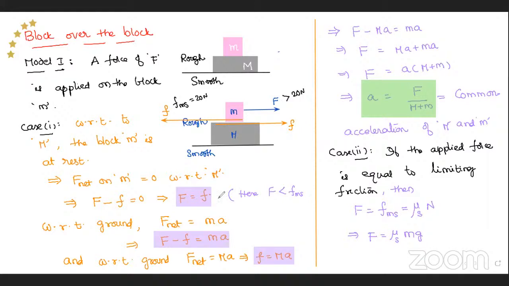If applied force is less than FMS, applied force is the frictional force. All of you know it. No need to explain. Even here also they move combinedly. Why? Because applied force is FMS. And they move combinedly means common acceleration is equals to, no need to derive everything here. Straight away I write A is equals to F by M plus M.